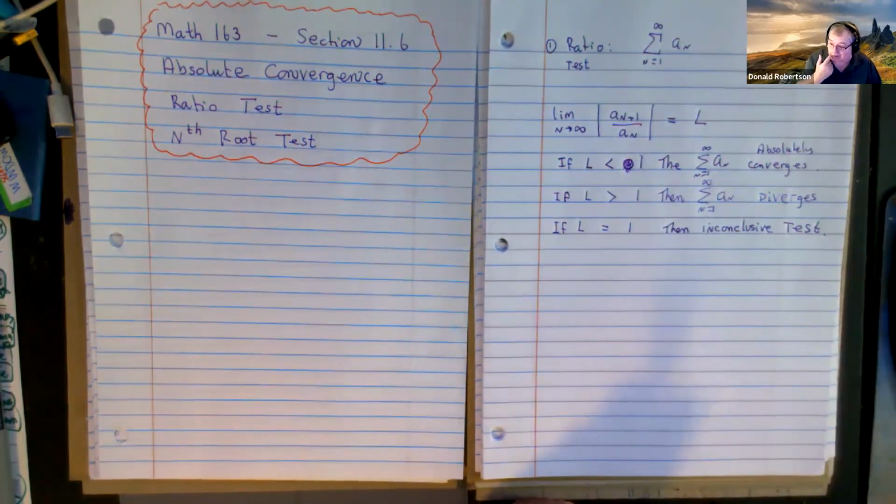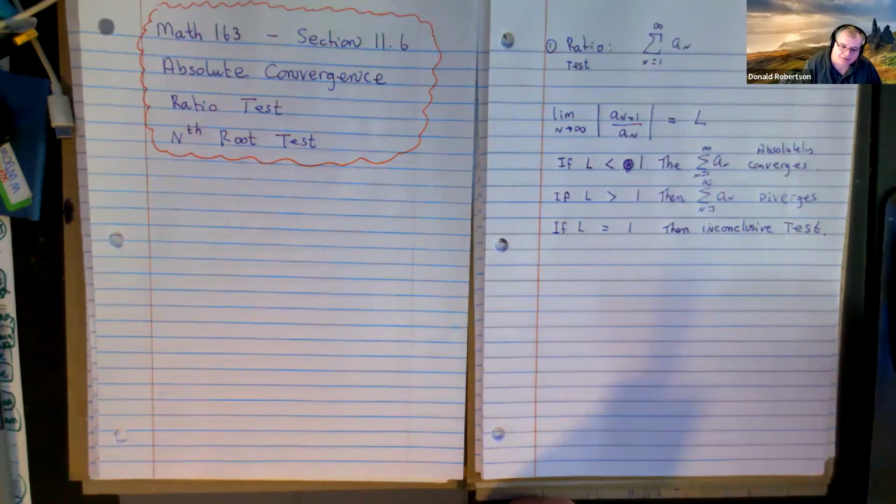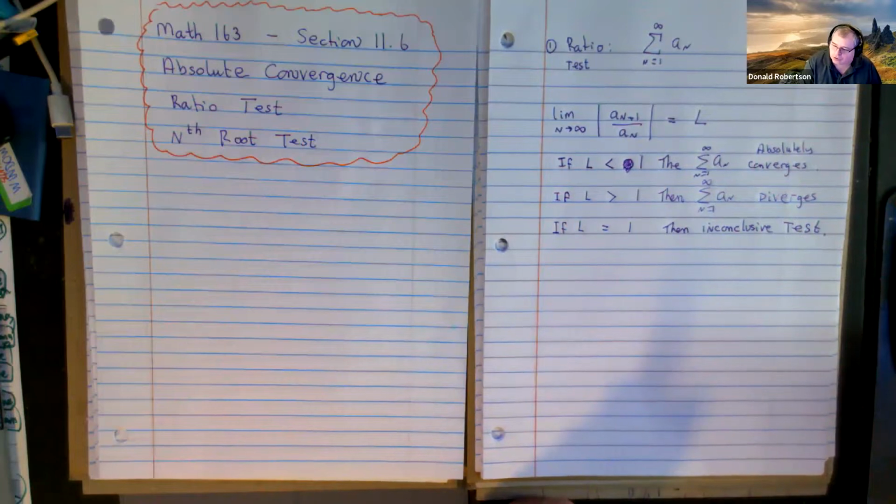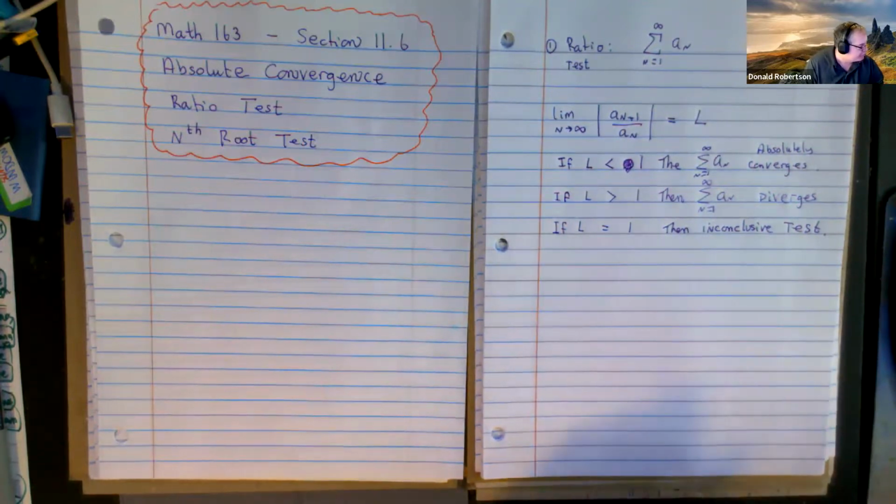A ratio test is a really good thing to use. Anything that's got combinations of 7 to the n and powers of n, like 7 to the n over n cubed, that's also a good series for doing the ratio test on.